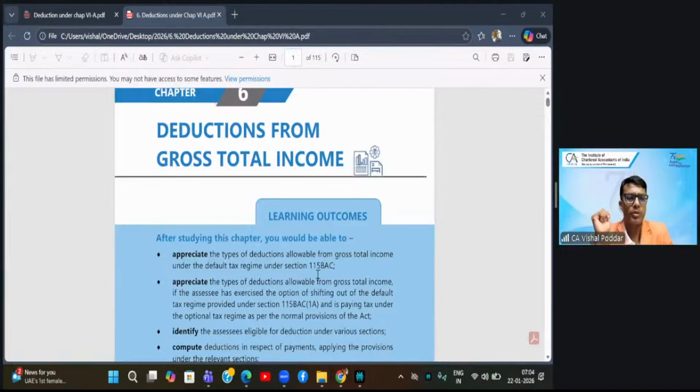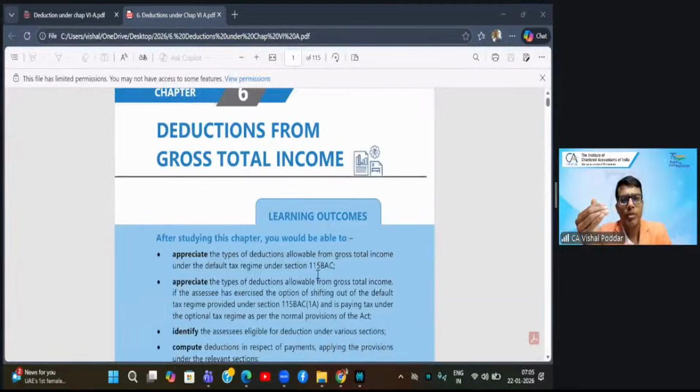Whatever income and losses you have, you aggregate them, and you get a figure called gross total income. Now comes the second level of deduction. What is this second level of deduction? That is what we call deductions under chapter 6A. These are commonly referred to as deductions under chapter 6A.